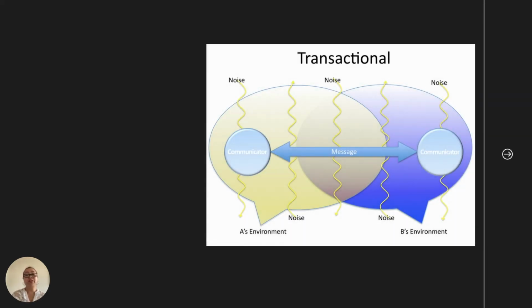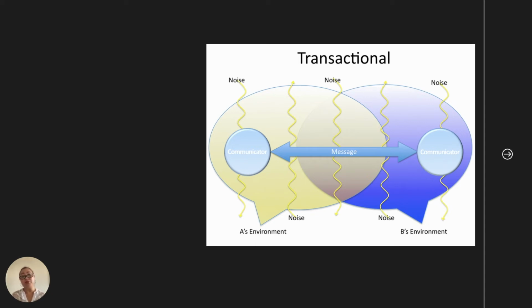The transactional is the most dynamic of communication models. One notable feature of this model is the move from referring to people as senders and receivers to referring to people as communicators.